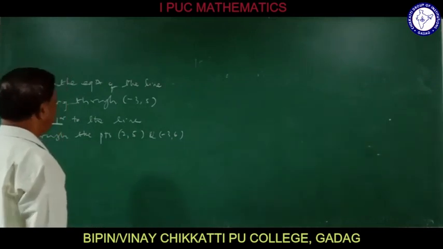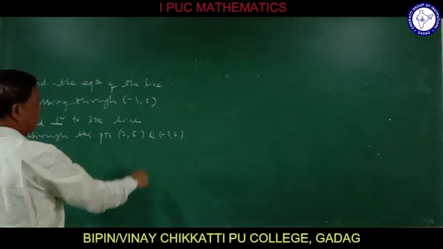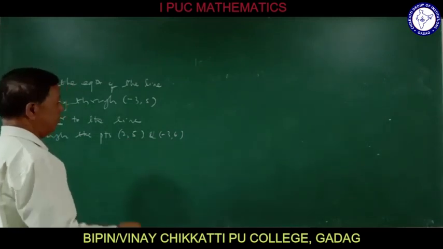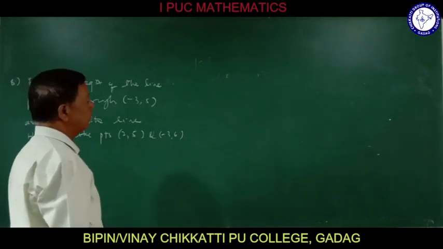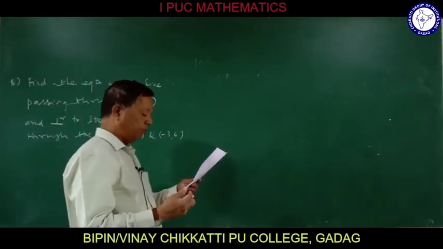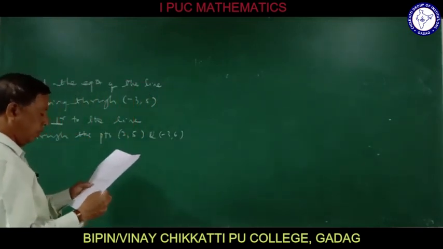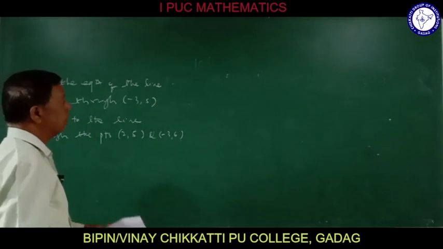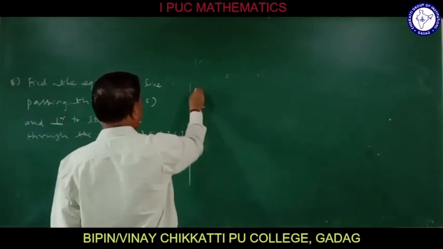You must find the slope of the line passing through the two points, and the perpendicular slope you must know because they are perpendicular. You see how I do this?